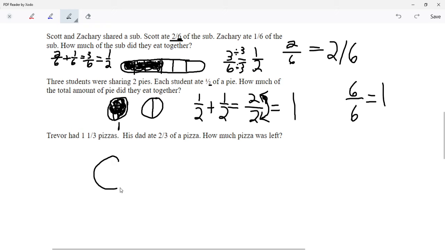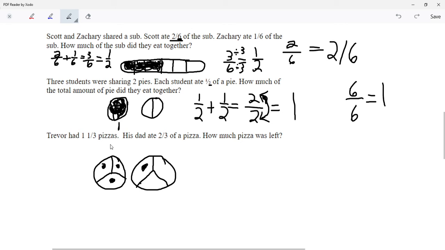So now, okay, we can split this into thirds. So this would be 1 pizza and then so this is 1 1/3, right?